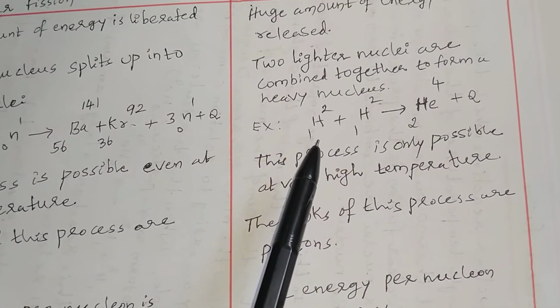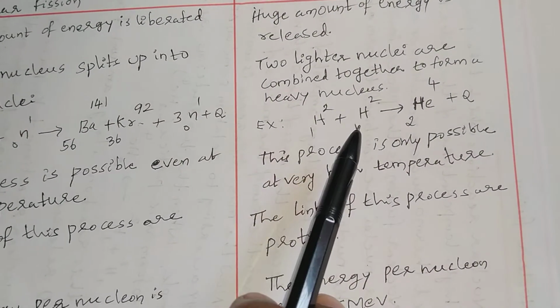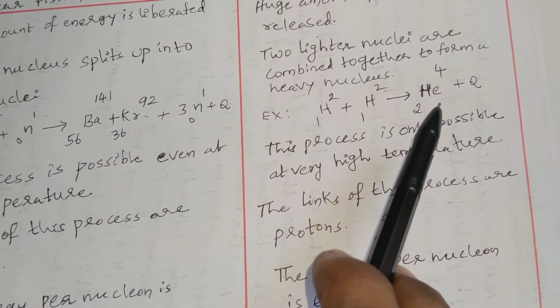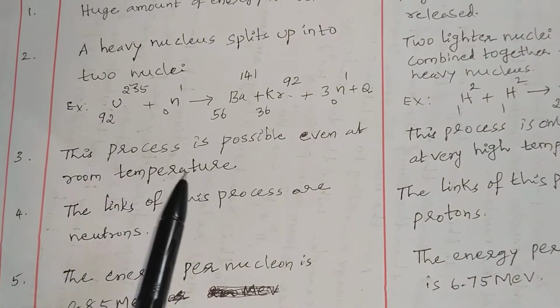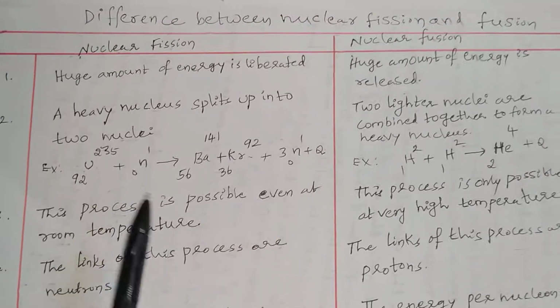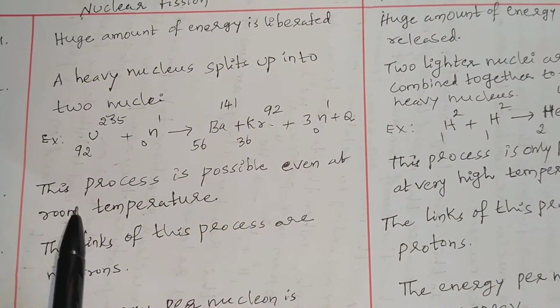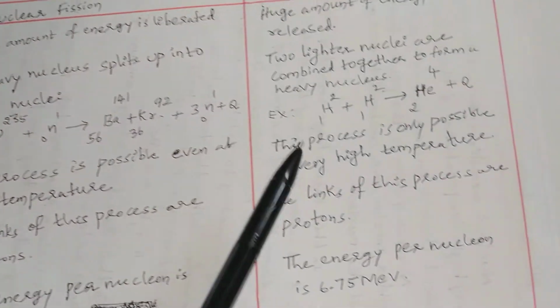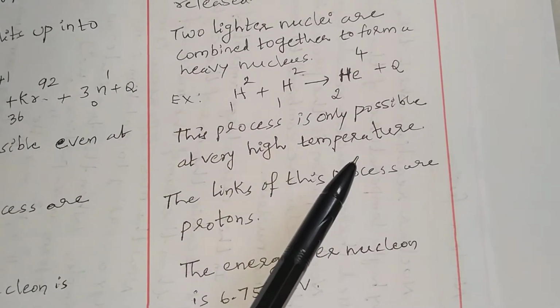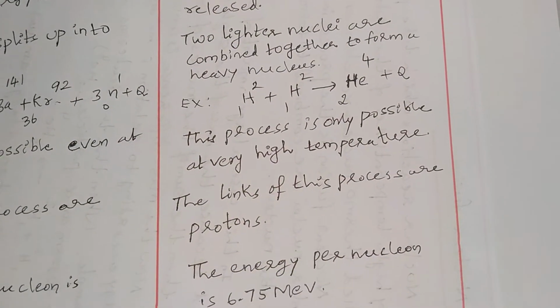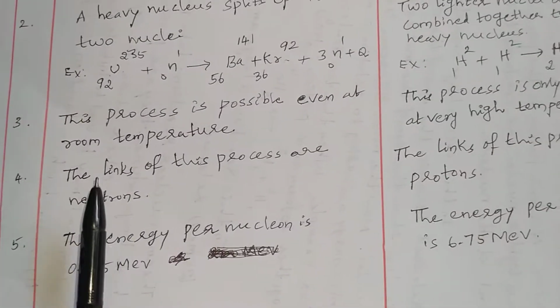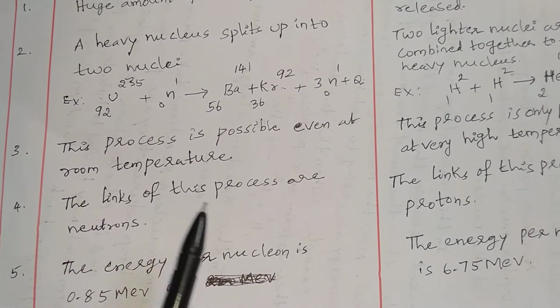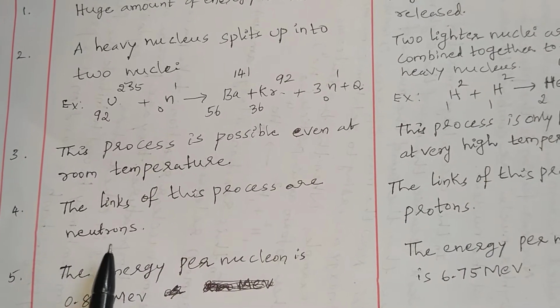In this case, two lighter nuclei combine to form a heavy nucleus. This process takes place at room temperature, whereas this process takes place at very high temperature, of the order of 10 power 7 to 10 power 9 degrees centigrade.